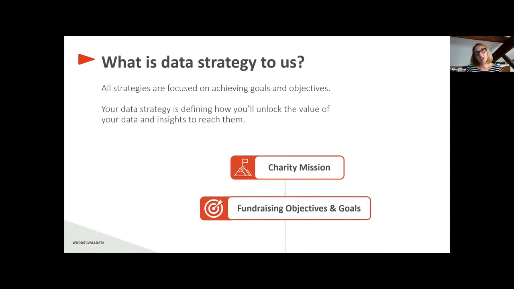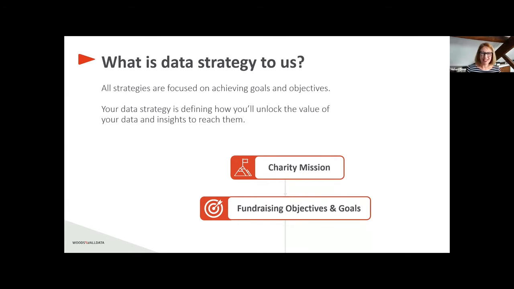So your charity will have a mission. It will have things that it's trying to achieve and a goal that it's trying to aim for on a wider level. Within that, there will be fundraising objectives and goals that will be guided towards helping the charity achieve its mission. Within that, there'll be individual giving objectives and goals as part of the overall fundraising.